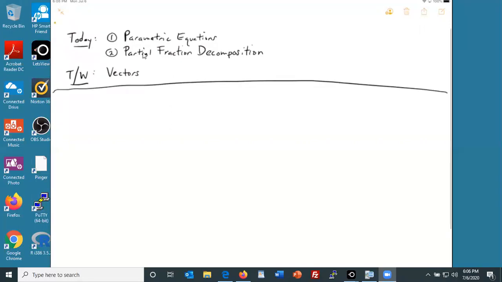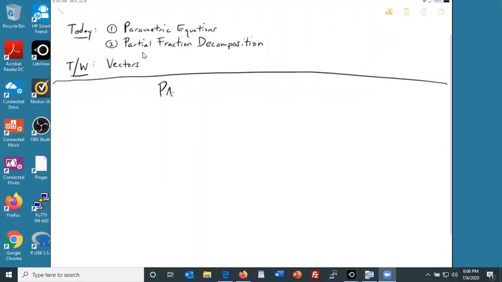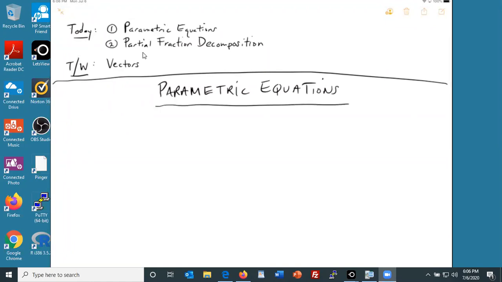Topic number 1, parametric equations. So the word parametric, what does it mean? We know what equations are. So the last half of the word parametric is metric, right?